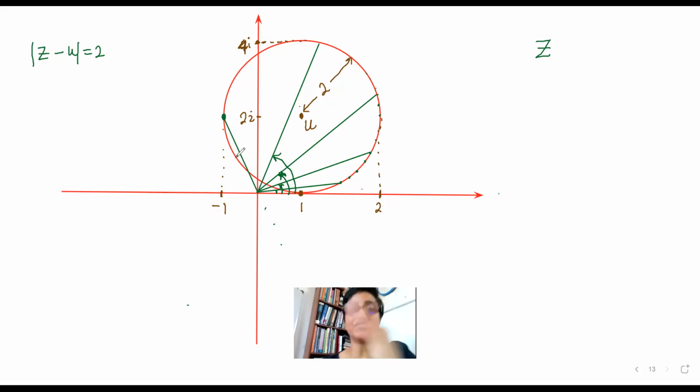So which one would have the largest argument? You have to realize that the furthest I can go is for a tangent, like the one right here. This one.